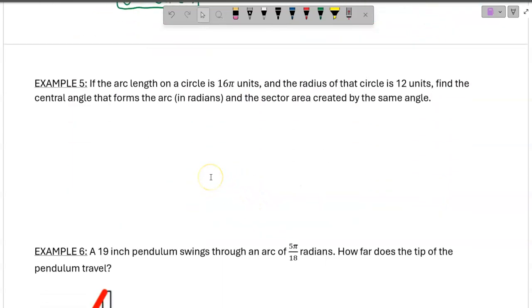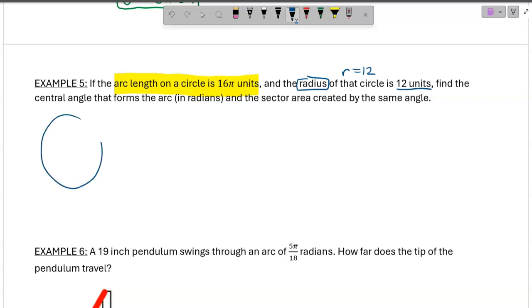Example 5 says, if the arc length of a circle is 16 pi units, and it provides us the radius of 12, so r equals 12, find the central angle that forms the arc and the sector area created by the same angle.